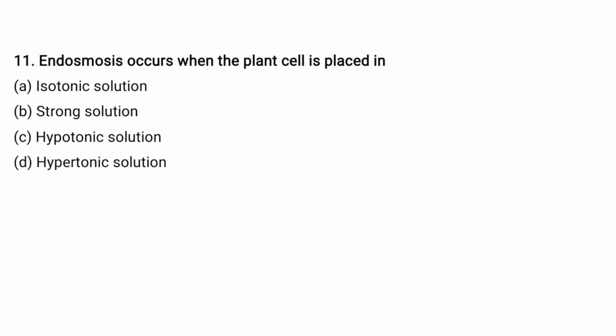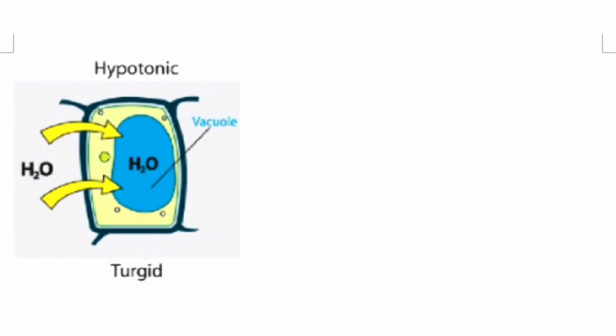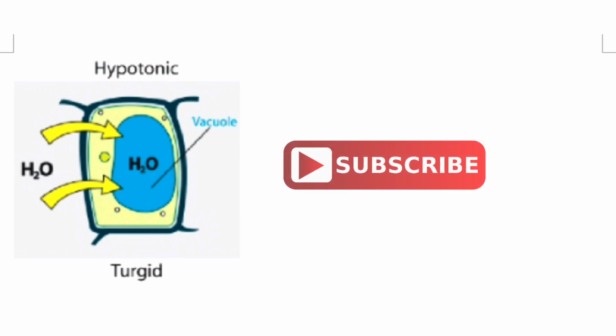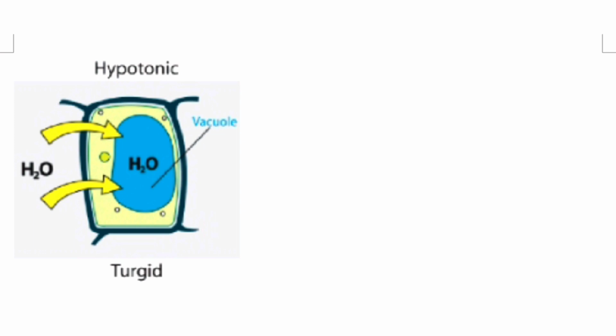Now you have to learn what is endosmosis, what is exosmosis. When a cell is placed in hypotonic solution, hypo means lower concentrated solution, what happens? As I told you before, water enters into the cell from the outer solution.